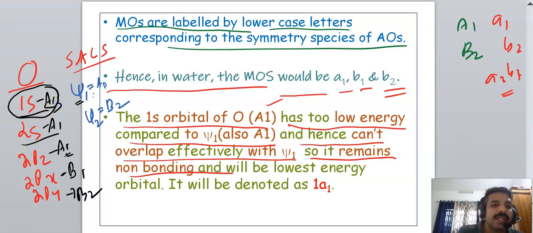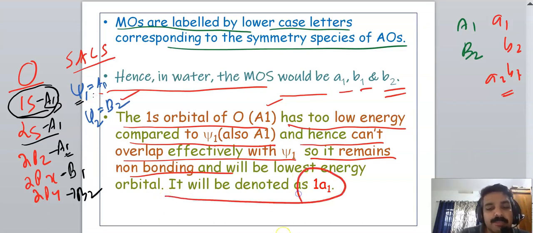It cannot combine with psi2 either, because psi2 is B2, a different symmetry. 1s is A1, so if it combined, it would be with psi1. But psi1 and 1s have different energy, so 1s remains non-bonding and is denoted as 1a1. Okay, remember that point.